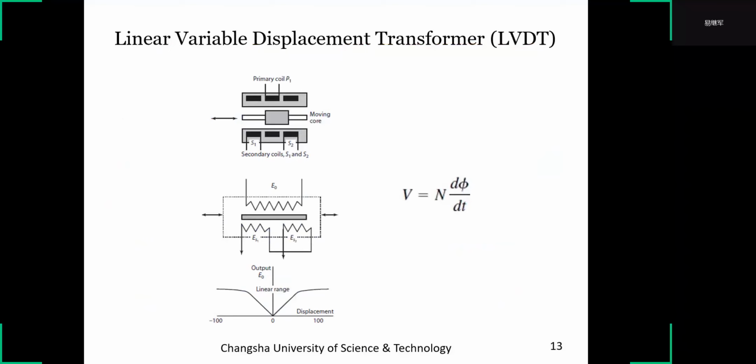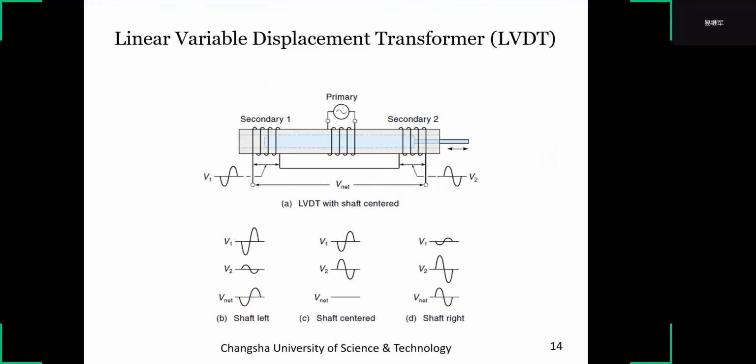This is the LVDT, linear variable differential transformer. There is a primary coil and two secondary coils.